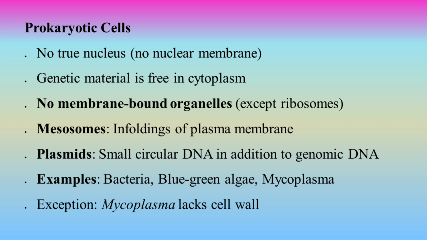Additionally, prokaryotes sometimes contain plasmids, small circular DNA that can replicate independently. Examples include bacteria, blue-green algae, and mycoplasma. Note that mycoplasma is an exception because it does not even have a cell wall.